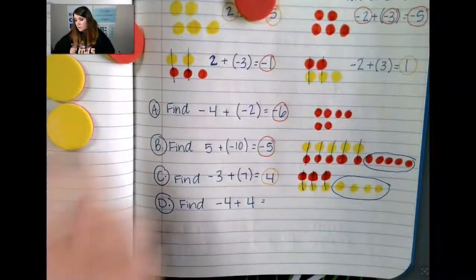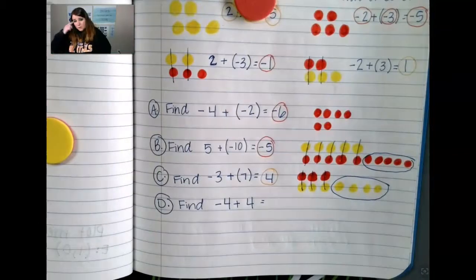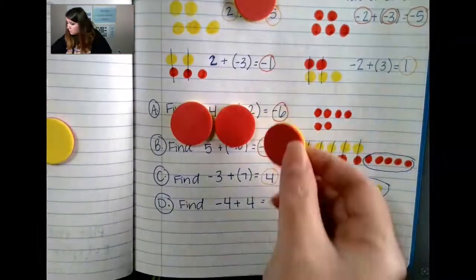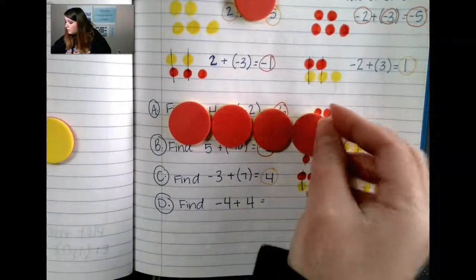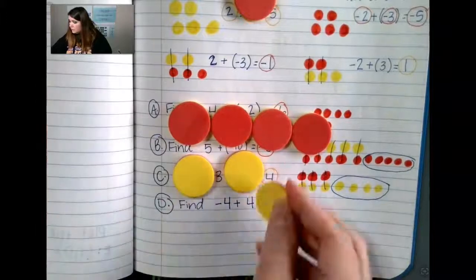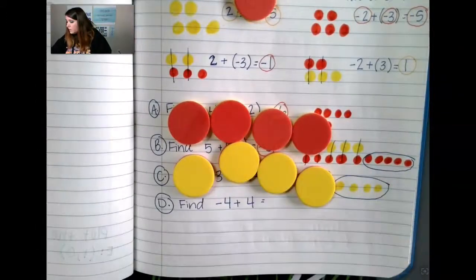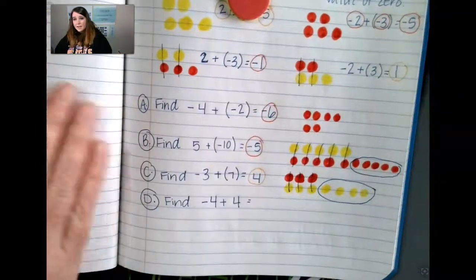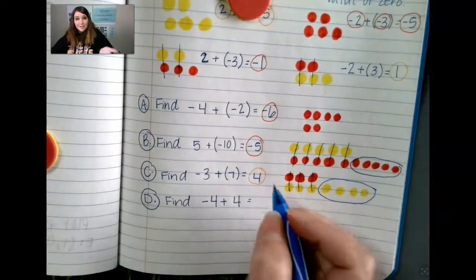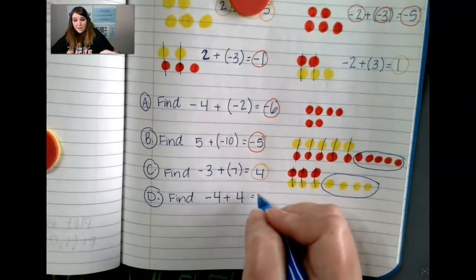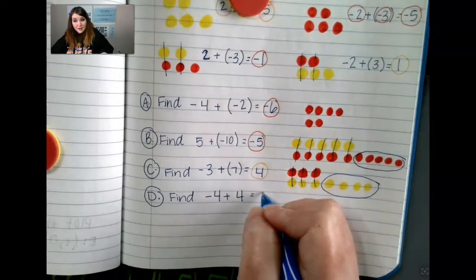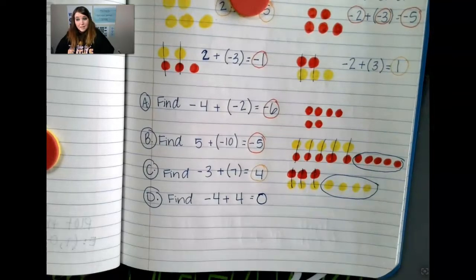Hit pause so that you don't hear me if you want to model this. So -4, and then I need to add on a positive 4. Clear away my 0 pairs, and I have nothing left over. So I have -4, and I deposit $4, which means that I have no money left.